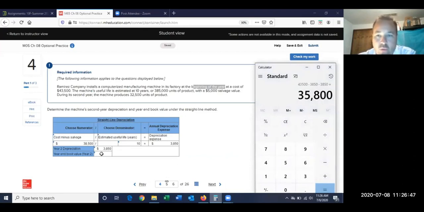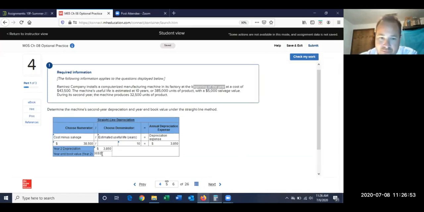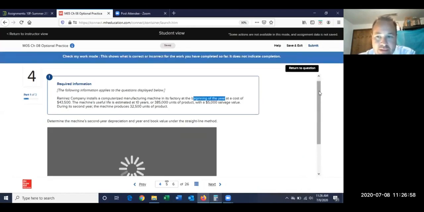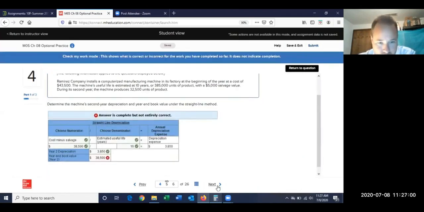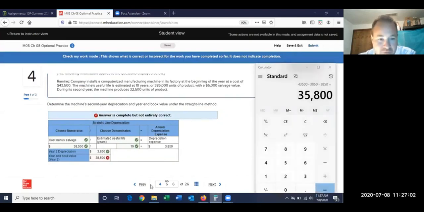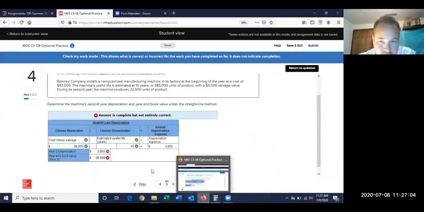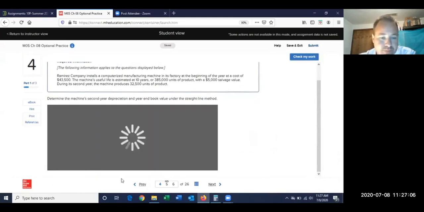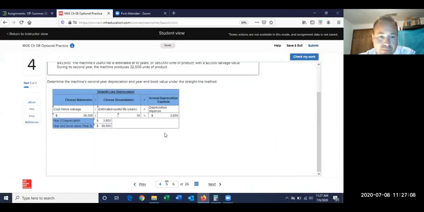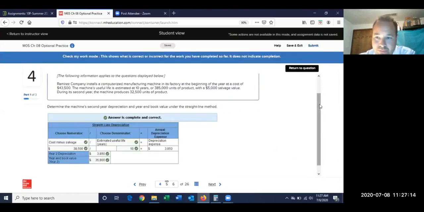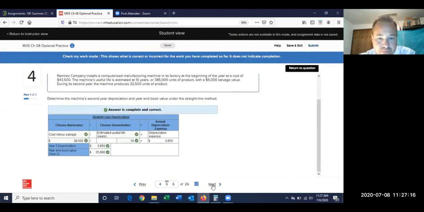This is what my equipment is still worth, book value, $35,800. Let's check and see how we did on number 4. I must have put that in wrong. Yep, $35,800. I just transposed those numbers. All right, that looks good.